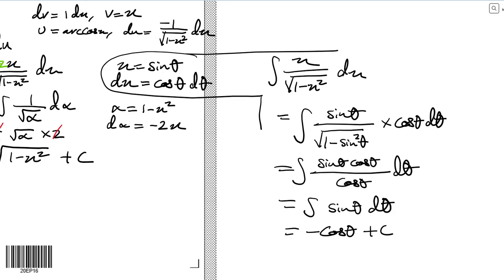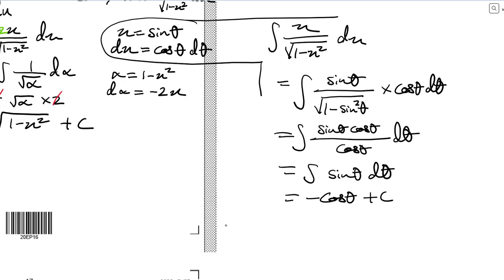Now what we need to do is find cos theta given that, right? So we need to use our triangles. Sine theta, we said, is x, so that means we have x over 1. And we need to find our adjacent side, so that is just root 1 minus x squared, right? 1 squared minus x squared.